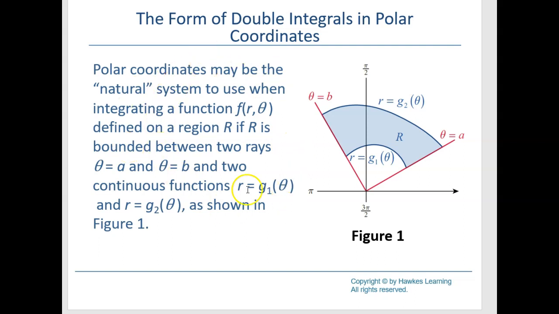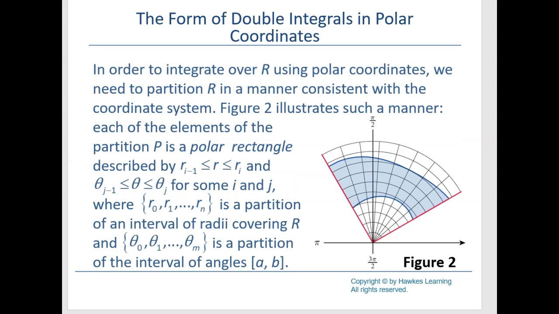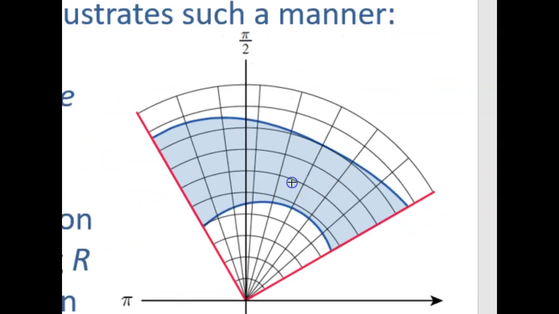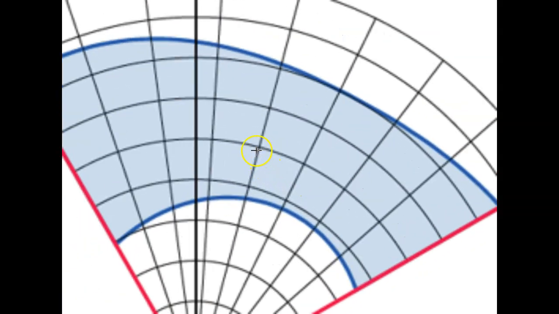You can look through the PowerPoints that I posted, where we cut up the grid, and when we cut up the grid we get these little wedge shapes. Every single one of these little wedge shapes isn't a rectangle; they're little pieces of a sector of a circle.